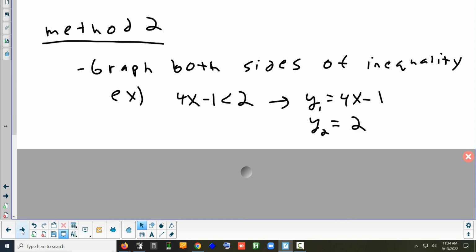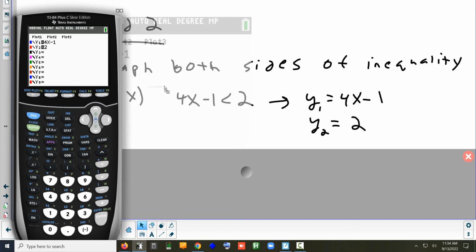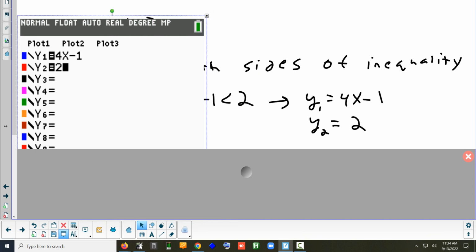Second way, leave it the way it is. Don't get 0 on one side. Take your inequality the way it is. Put the left side in y1. Put the right side in y2. Just like that.